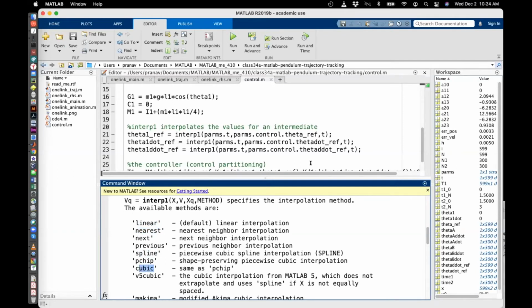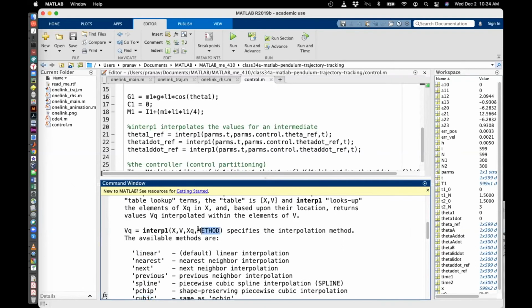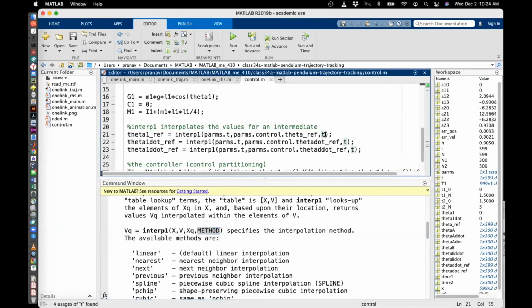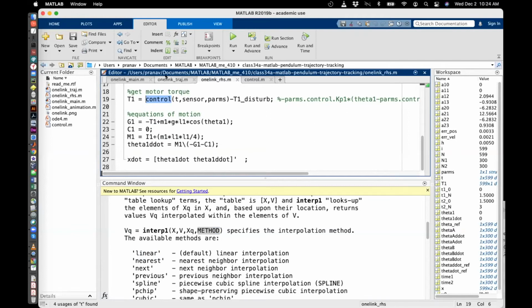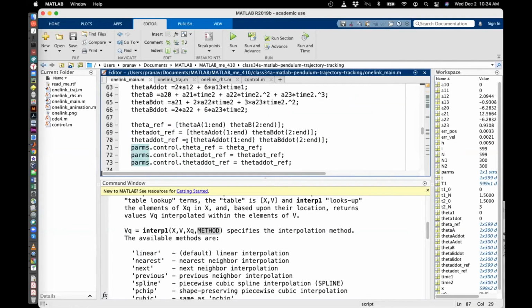Then all you need to do in that case is include this method. So for example, you just say the method here. It'll be spline, and then it'll do spline interpolation. It's very easy to use. Okay, so that's the control that's being called by the right hand side, which basically has the equations, and that's all there is to the code.